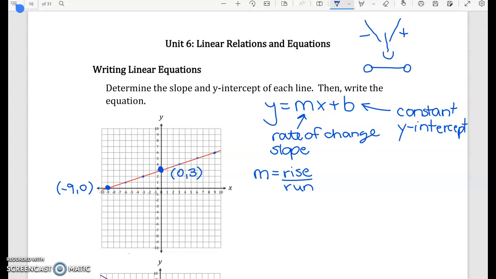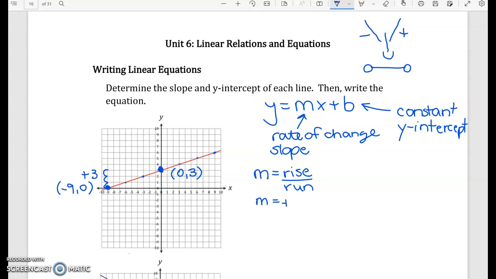How do we get from the most left point, (-9, 0), all the way to my most right point, which in this case is (0, 3)? The first thing we'll notice is that I have to rise, so my rise is going to be positive. How much am I going up? Draw the little bubbles like we did last week: 1, 2, 3.